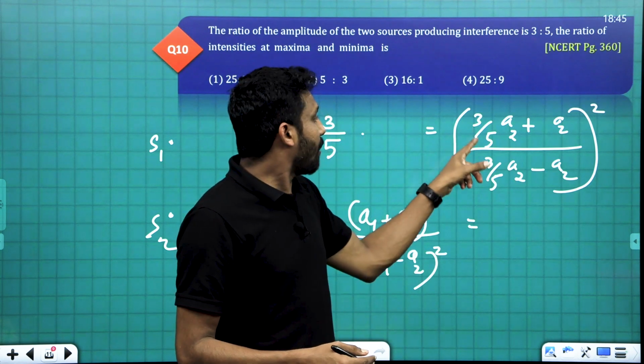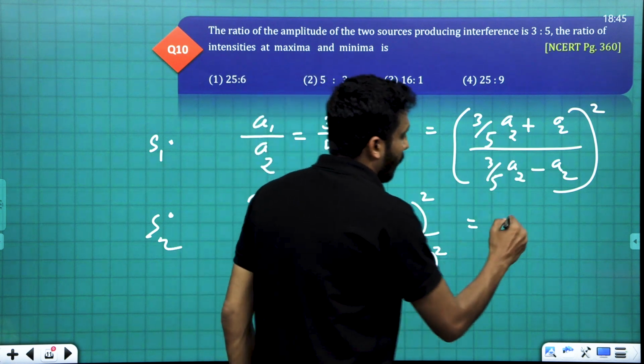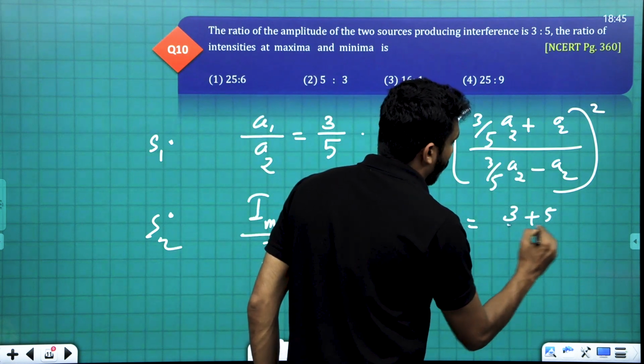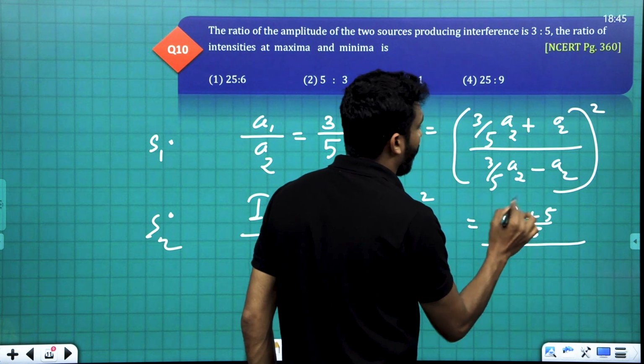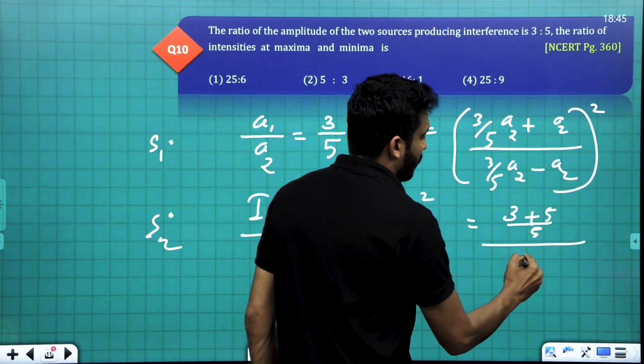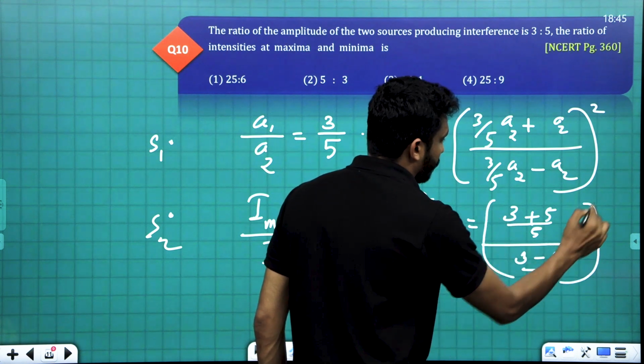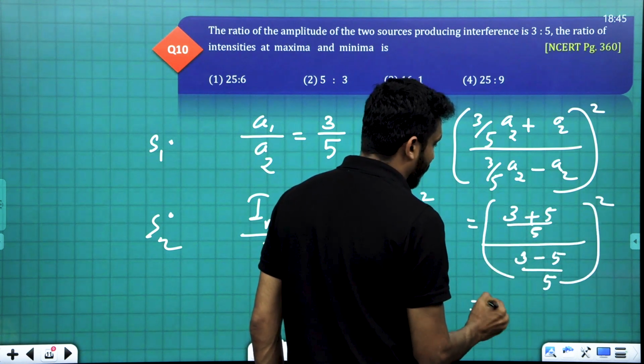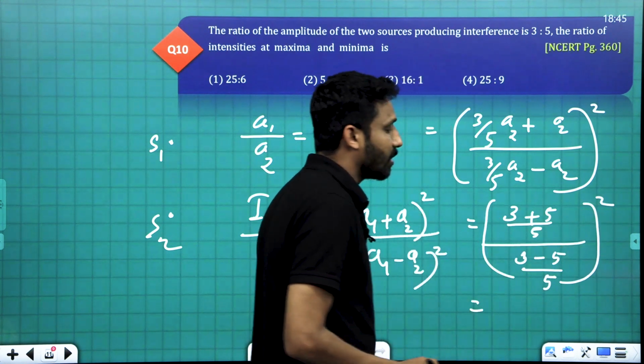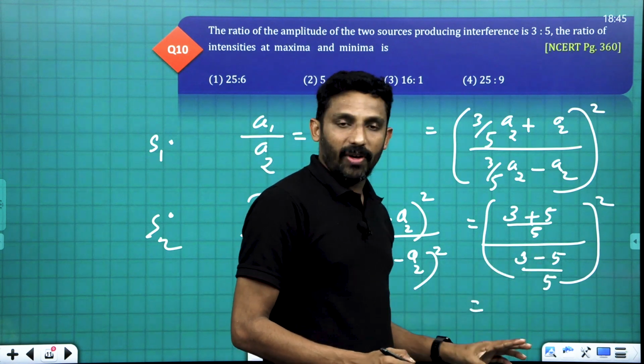Understood. 3/5 plus 1 is 3 plus 5 divided by 5, all divided by 3/5 minus 1, which is 3 minus 5 all divided by 5, all square. The 1/5 cancels. 3 plus 5 is 8, 3 minus 5 is minus 2.